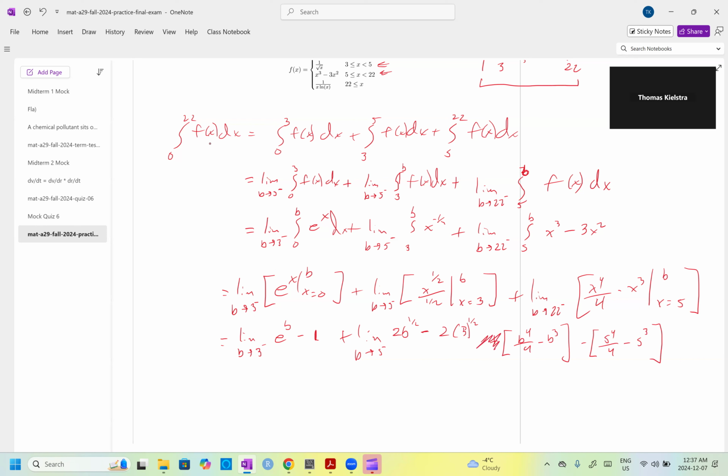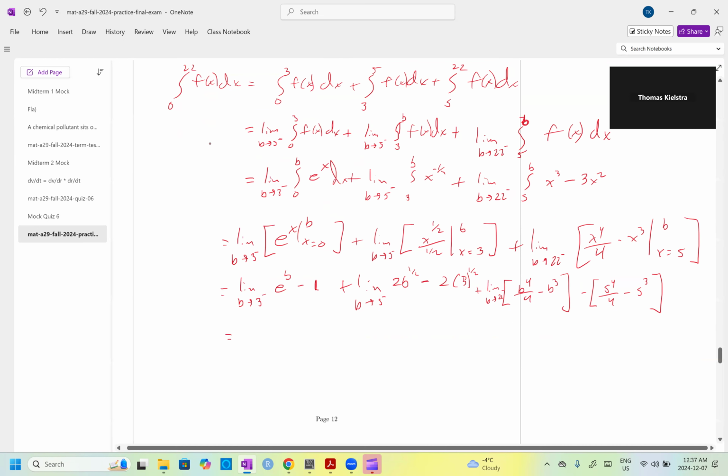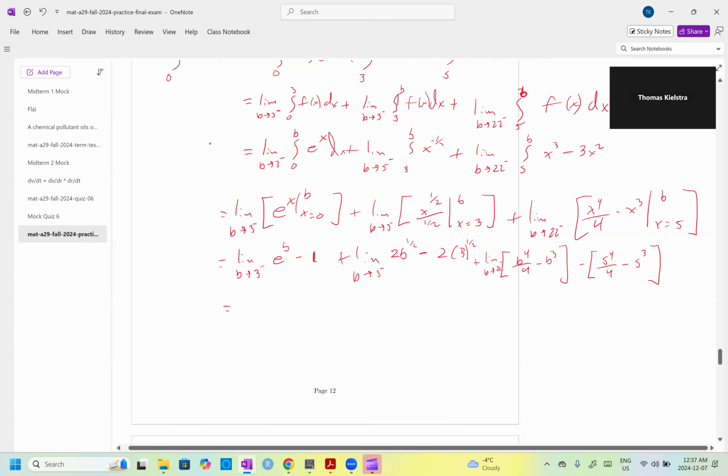And for the last one, it is the limit as b approaches 22 from the negative side. And finally, because all these functions are continuous, we can simply plug in the number.